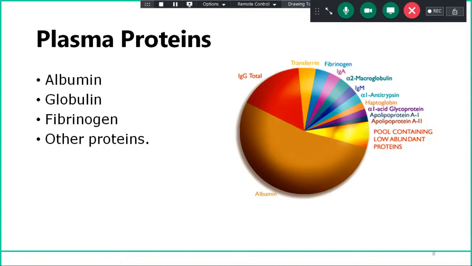Can anyone pinpoint whether this statement is correct or not, that the plasma protein is synonymous with the protein present in the blood? Is it so? Okay, why?